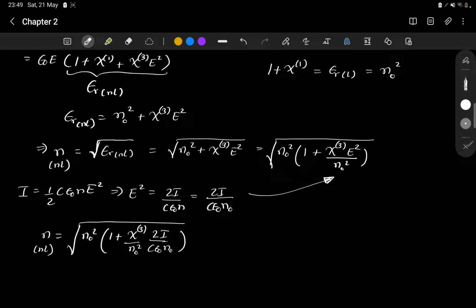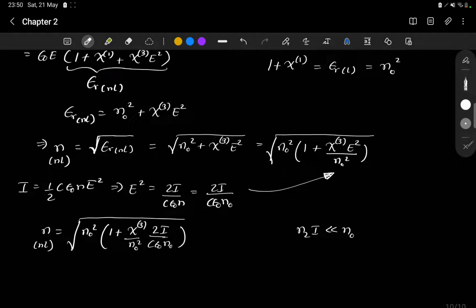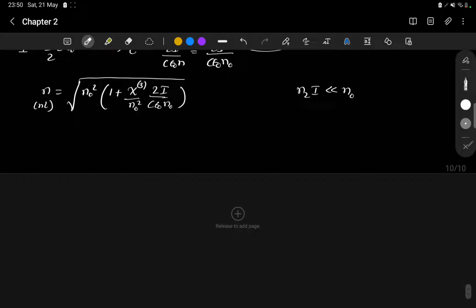Now in the question we are given that n2 times I is much smaller than n0, which means n0 is much larger. It is a significantly big number. So in this kind of a situation we can use the binomial theorem. We can use the binomial expansion.